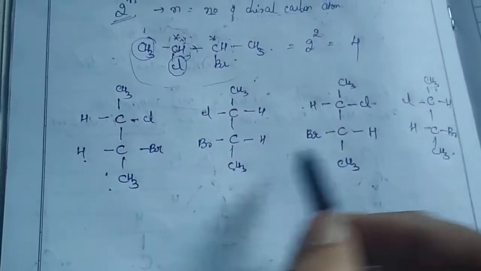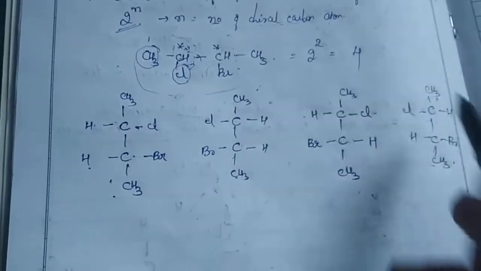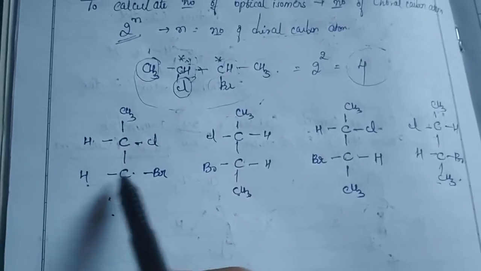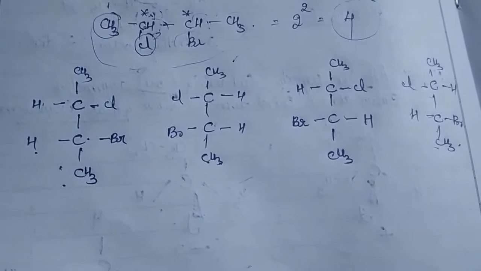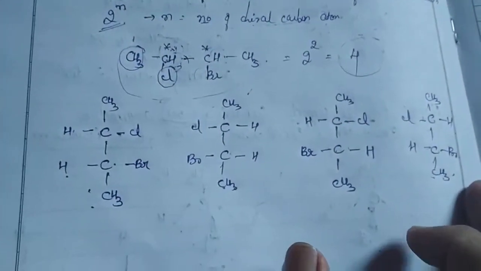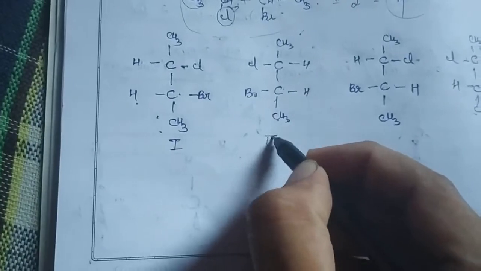Can you see all these structures are different, they are unique. So yes, the optical isomers are literally 1, 2, 3, 4, which is what we have obtained here. And one more important thing: can we see a plane of symmetry anywhere? Of course not. What does it signify? Whatever structures we have written, all 4 are optically active. Able to understand? What about the first and second, third and fourth?